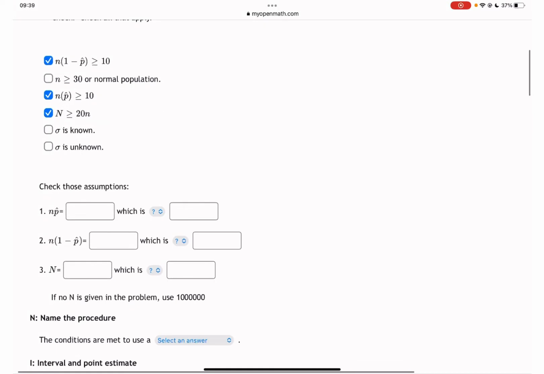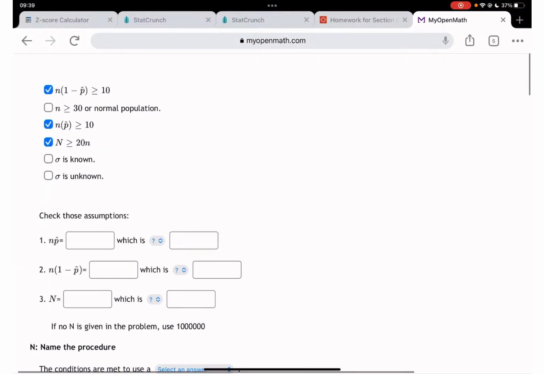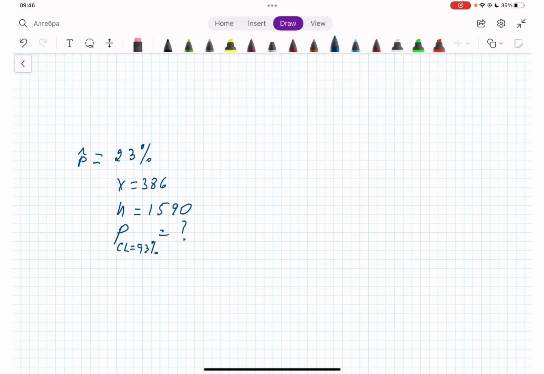Now we are going to check our assumptions. So n times p hat. Our n is 1590. Our p hat is equal to x divided by n, but we're going to go an easier way. X is equal to n times p hat, and that's what we need.